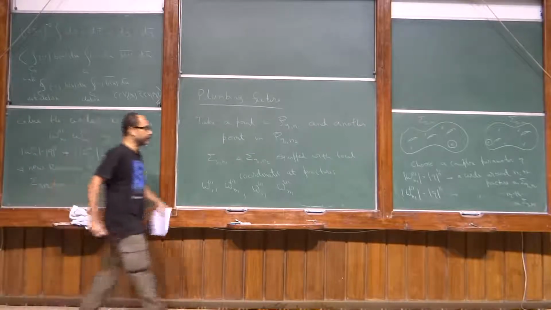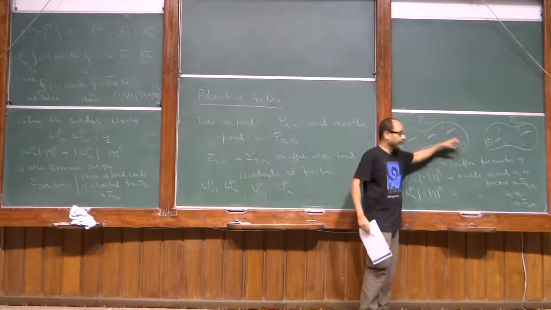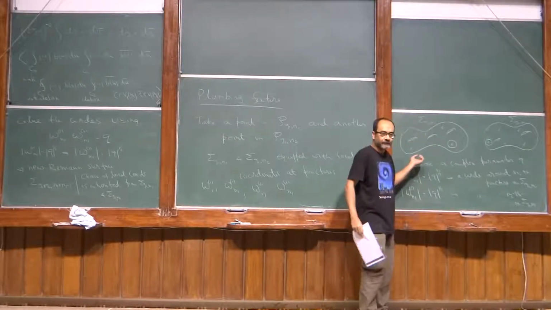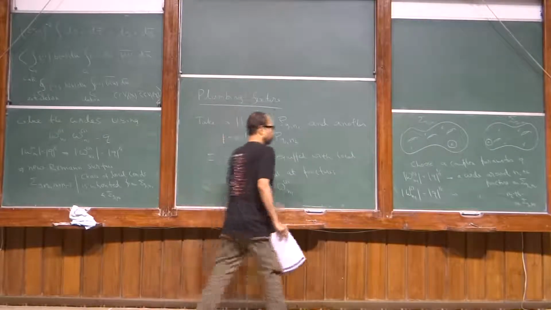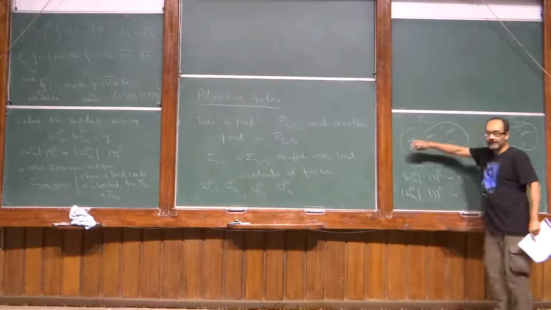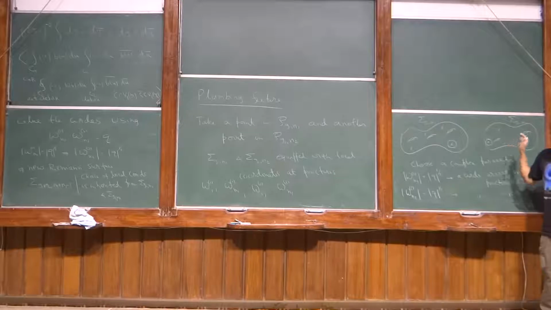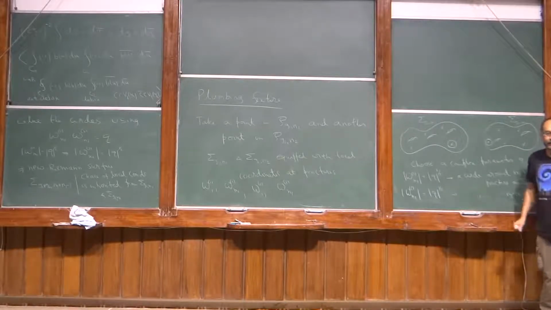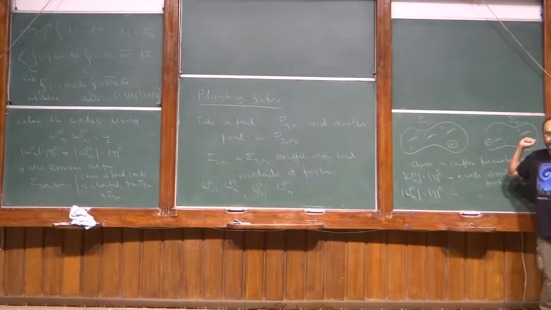In other words, if you have already specified some local coordinates around the other punctures, once you have glued these two Riemann surfaces, the same local coordinates can be taken to be now local coordinates around the punctures of this new Riemann surface. Okay? So the sigma g1 n1 that you construct actually inherits the choice of local coordinates.